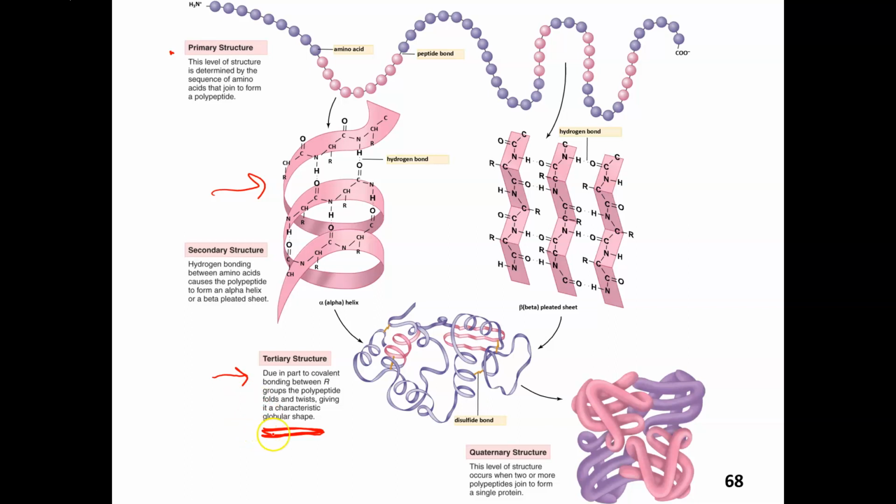So it's going to fold up into its functional form, and then it can do its job, okay? And so here you have alpha helix, here you have beta pleated sheet, and the protein folds up all together, and now it's able to work. A quaternary structure occurs when you have two or more proteins that fold together.